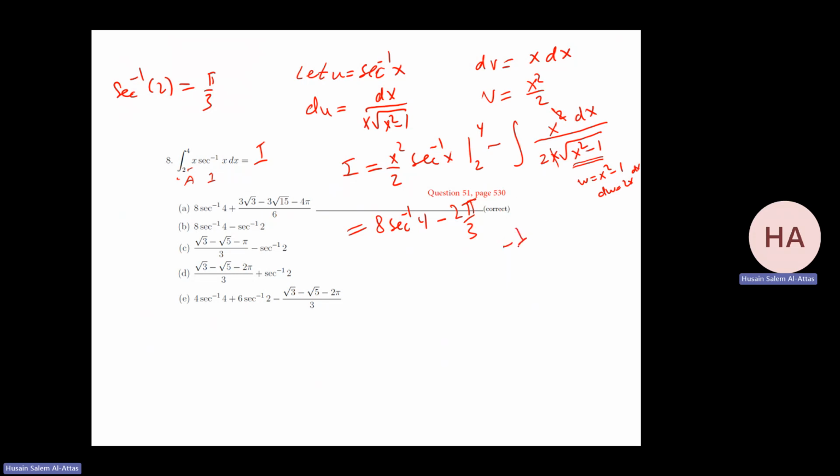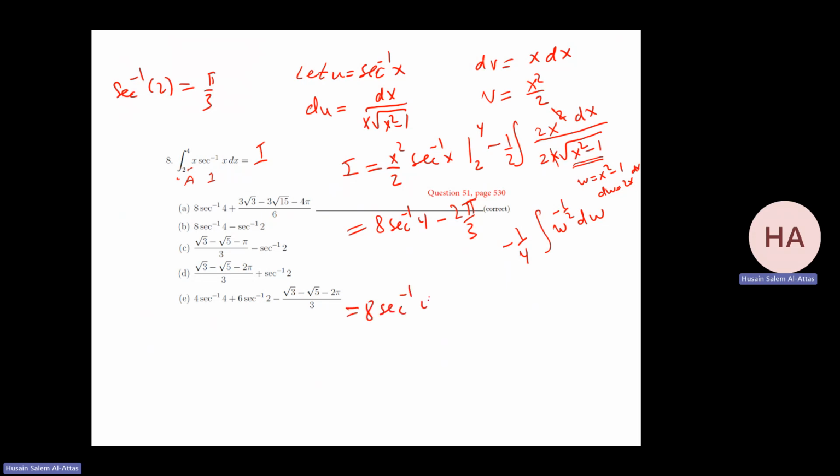I put 2 and half outside, so that will be 1 over 4 instead of 2. Minus 1 over 4 of what? Of w to the power minus half dw. So that gives me what?